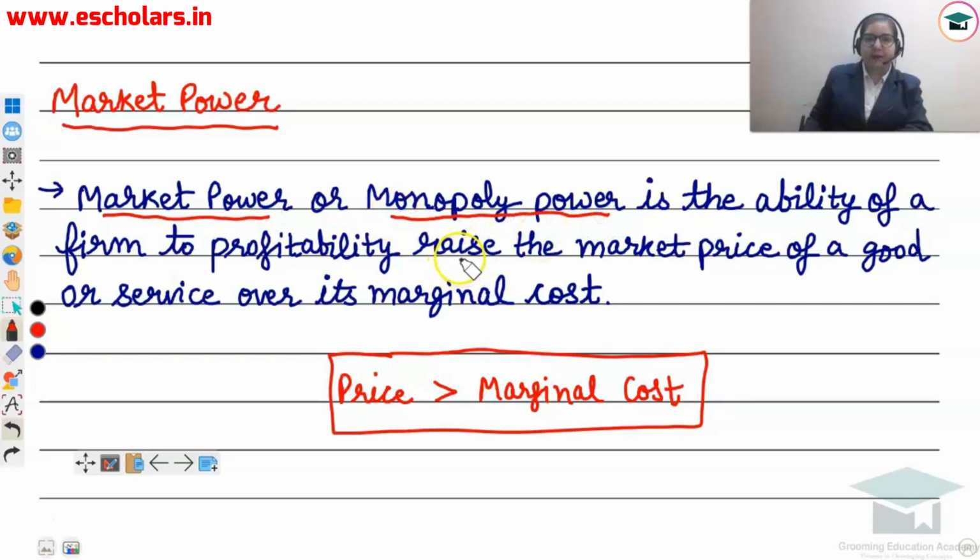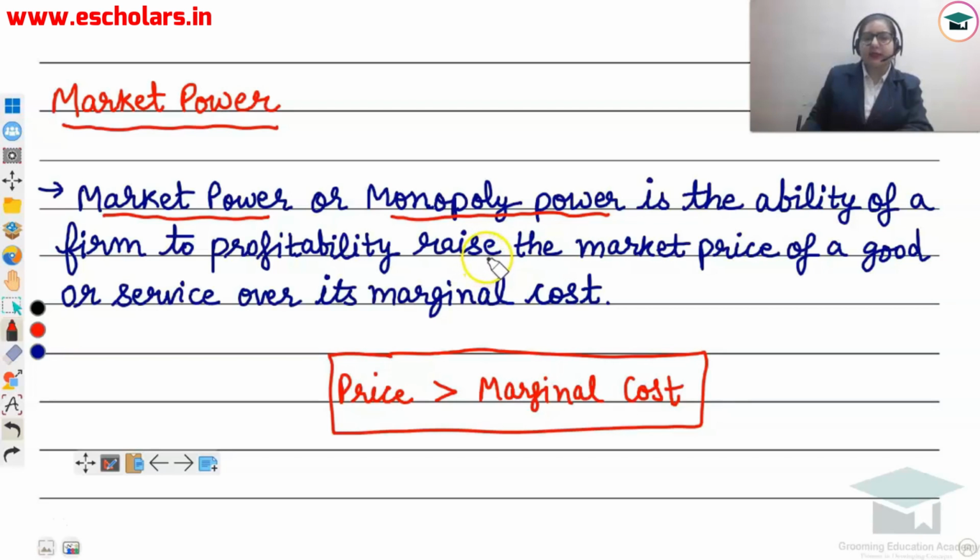Okay, monopoly power also exists in different forms of market like monopolistic competition and oligopoly market also. But in monopoly market, the monopolist enjoys the highest market power as compared to the sellers of monopolistic competition and sellers of oligopoly market.